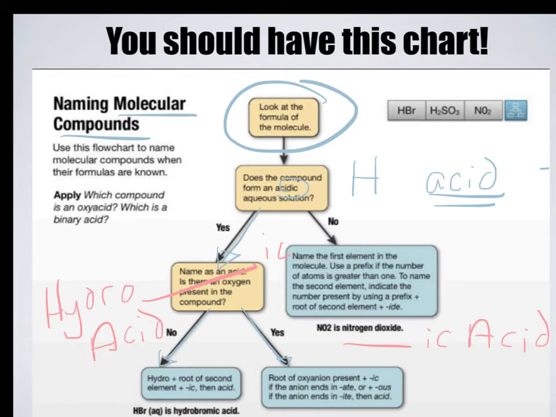So if we have a sulfate ion, that would mean that we have sulfuric acid. We shorten the name of the ion and we add ic acid to it. Now you might take a look at the bottom here and see that it also says you might have to add us acid.